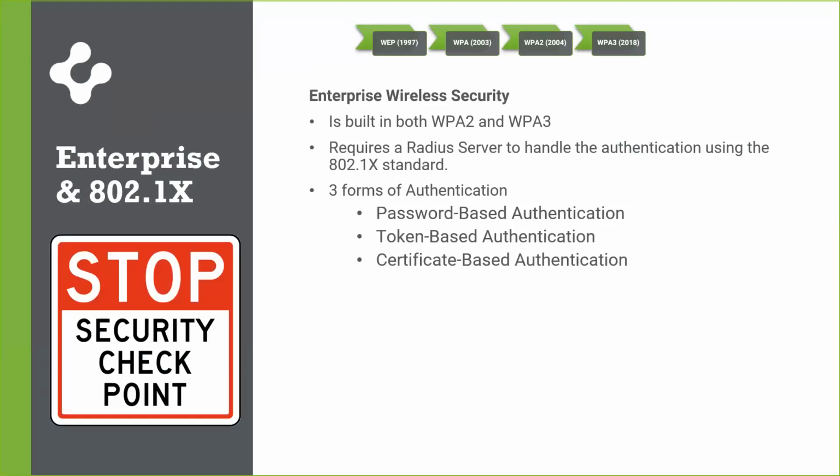Now, the big key with enterprise wireless, even if it is WPA2, is because each person is using a personalized form of authentication, either password, token, or certificate, it does allow all things to be encrypted, and you have that tunnel aspect similar to WPA3, where no sniffing is allowed.